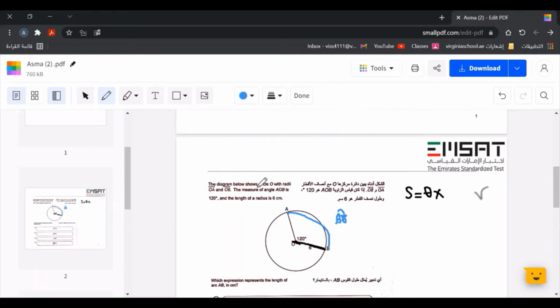So now what we need to do is to convert theta from degrees to radians. To do that, we will multiply it by pi divided by 180.